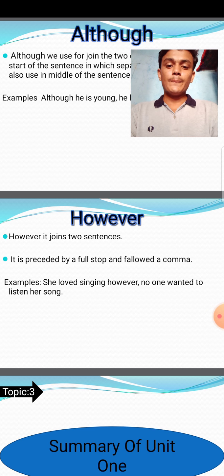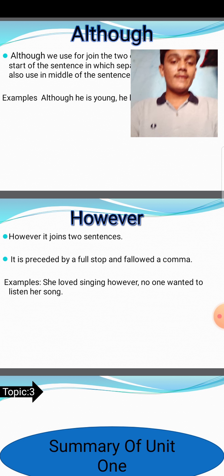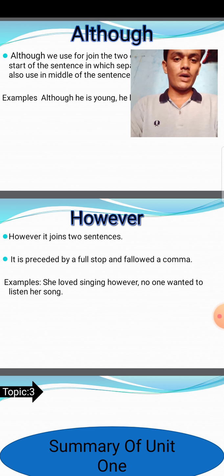It is preceded by a full stop and followed by a comma. However joins two sentences, with a full stop in the middle before it and a comma after it. This is the symbol of however. I have given you an example right now.